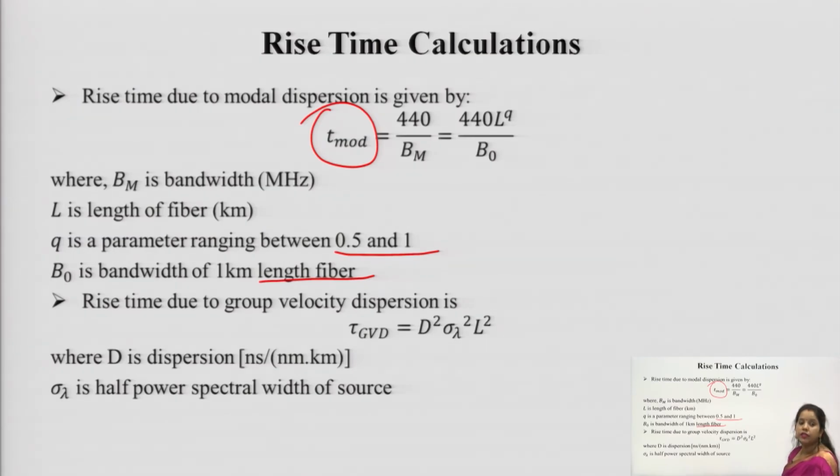It depends upon which source we are using, whether it is LED or laser. Laser has a narrow spectral width and the LED has a wide spectral width. So, our rise time due to group velocity dispersion will be different when we are using an LED than when we are using a laser.